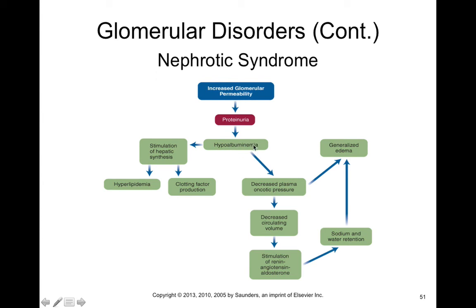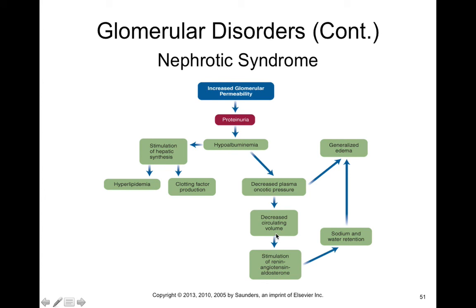Now, hypoalbuminemia leads to a variety of disorders, or sequelae. So we see here that due to loss of albumin, we could see a decrease in plasma osmotic or oncotic pressure. This can lead to a decrease in circulating blood volume due to loss of plasma into your body's tissues. This loss of plasma into tissues can lead to generalized edema, like all over our body.